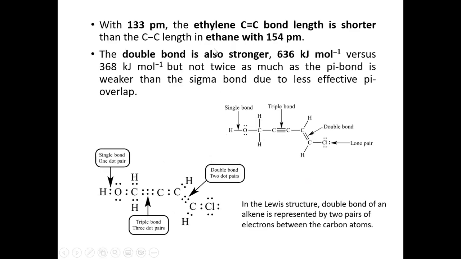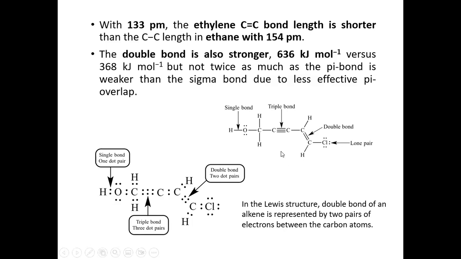The length of the double bond is also shorter. For ethylene it is 133 pm, and for ethane it is 154, because of the sharing of electrons to become a double bond. So as I said earlier, the double bond is stronger, right?